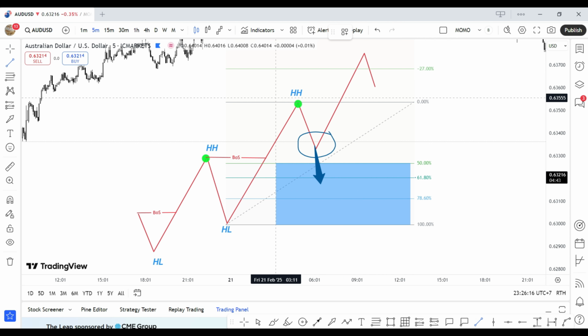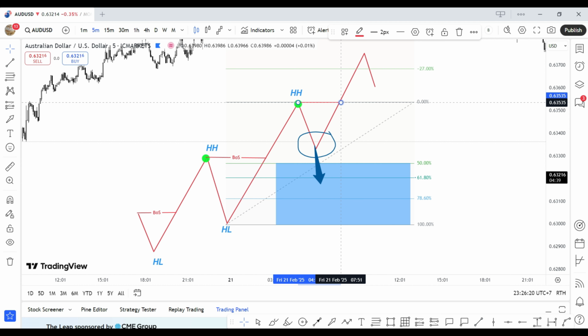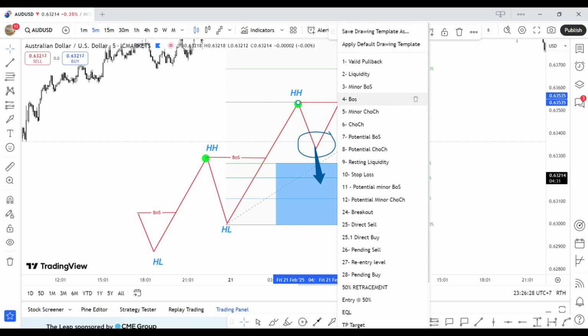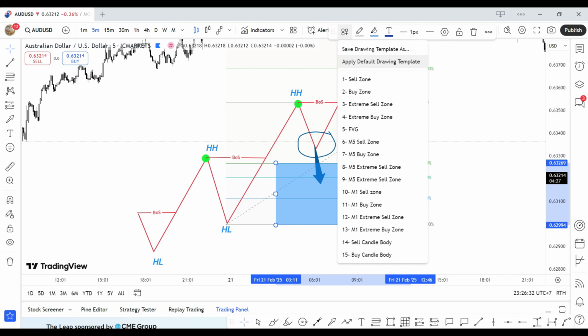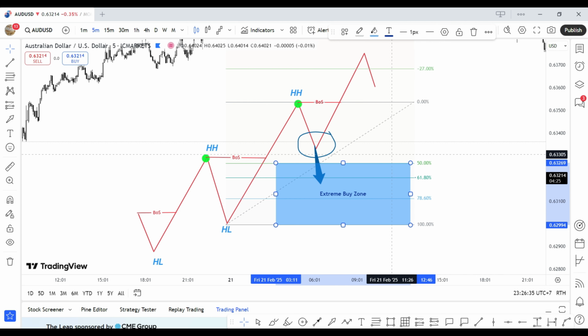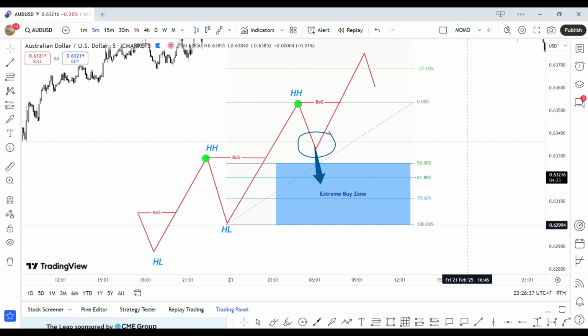Once the market breaks the higher high with a candle body. A candle close with its body higher than the higher high level confirms a break of structure. So right now, this trading zone becomes our extreme buy zone.